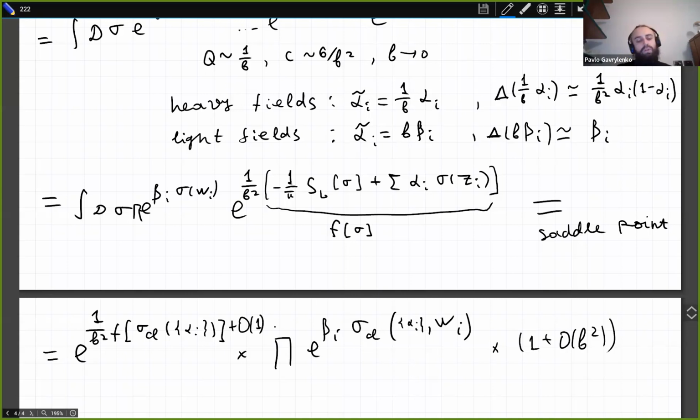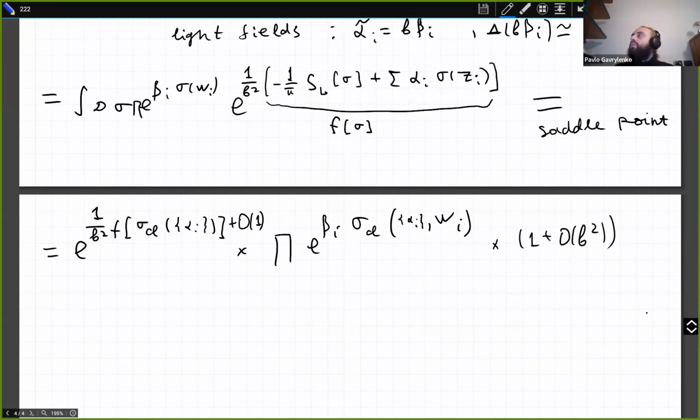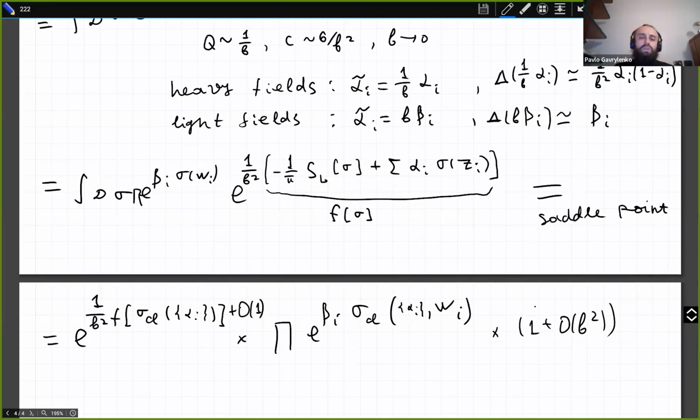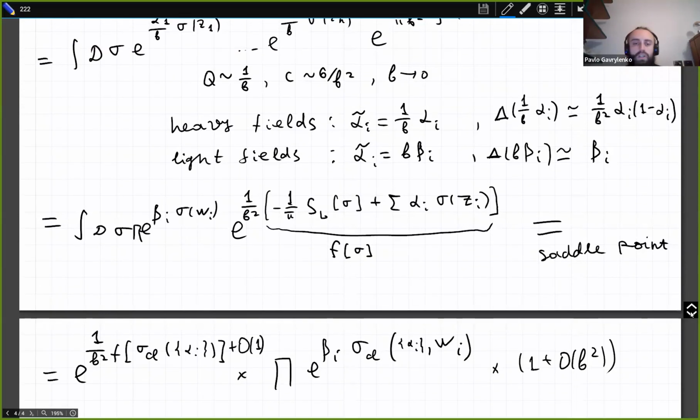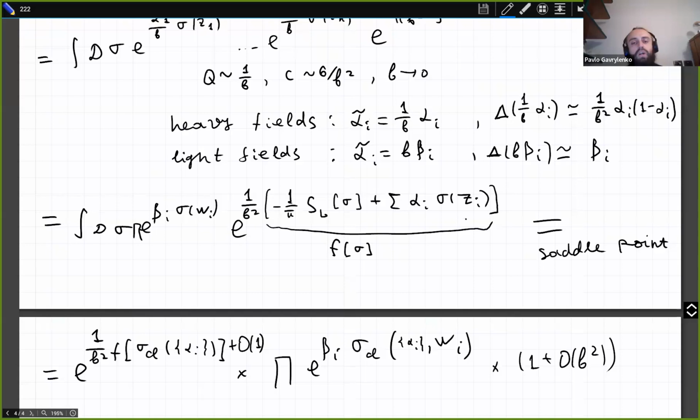No, maybe of alphas only. Yes, there will be some correction to this classical action, and also some determinant corresponding to the Hessian of this action computed on the classical solution.